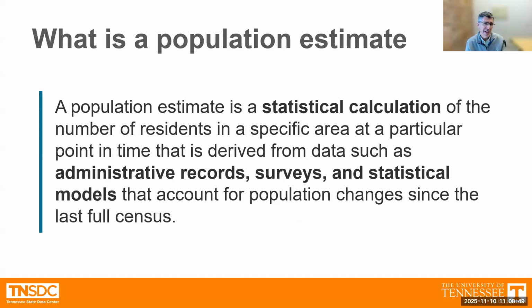A population estimate differs in that it is not a head count. It is based on the base population information that gets collected at the beginning of each decade. But after that, it is a statistical calculation made to estimate the number of residents in each community.